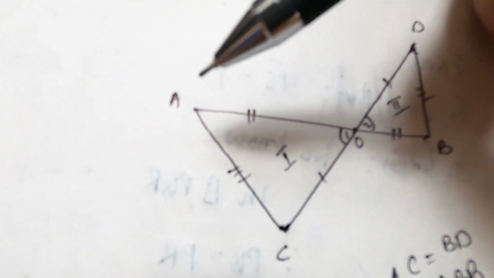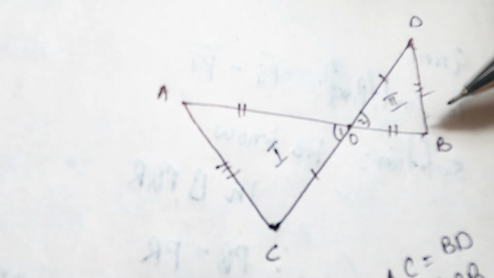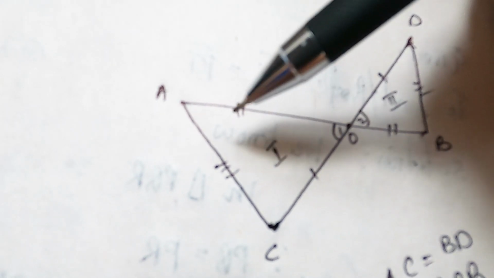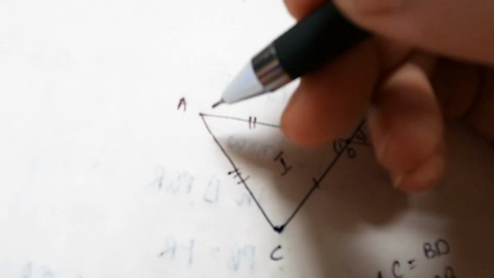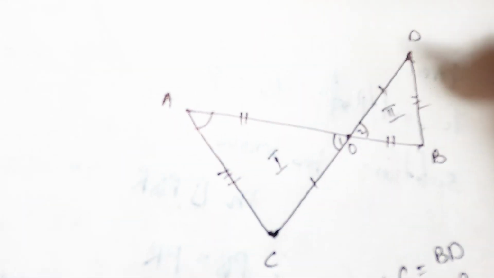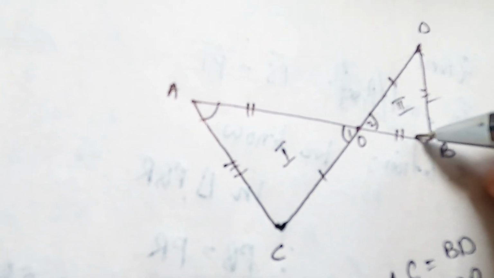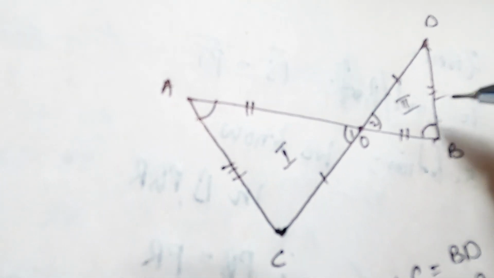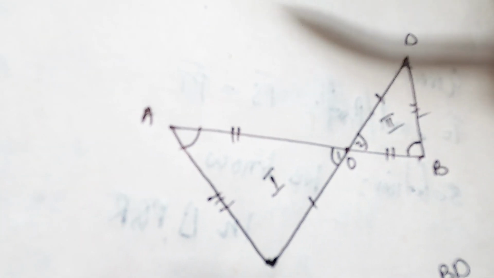So how can we show that? We can show that AC is parallel to DB only if angle A is equal to angle B.